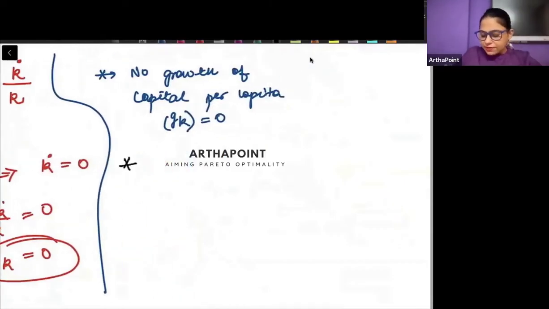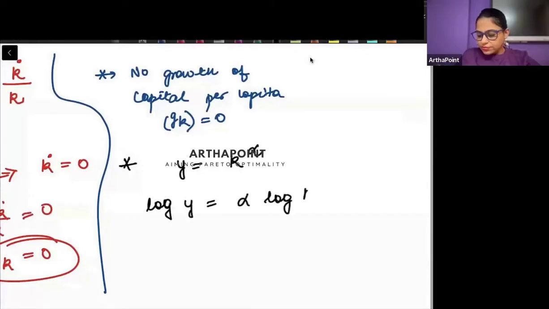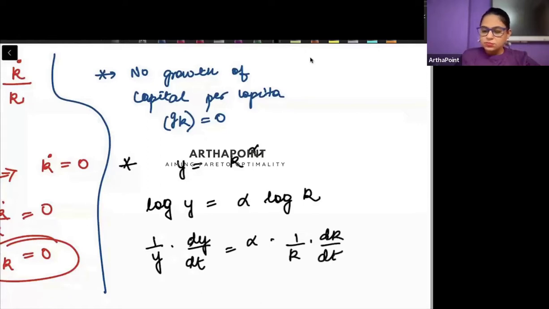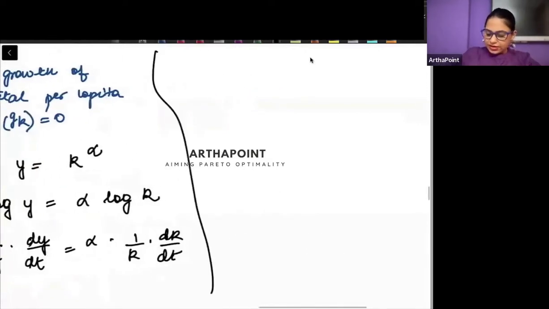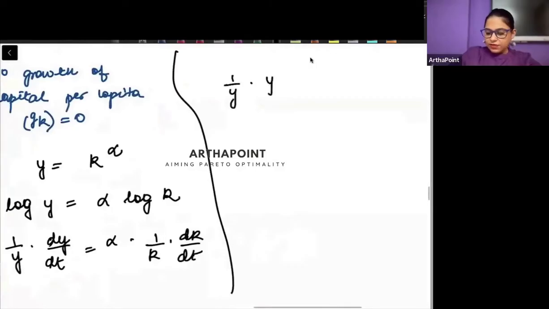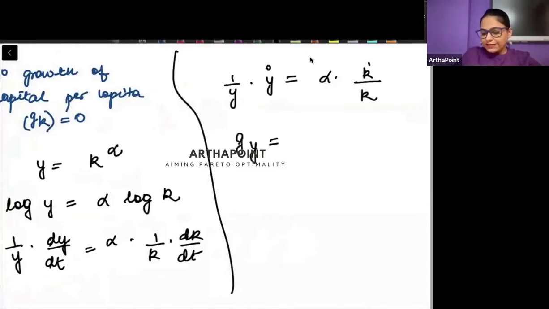Then understand that we know that small y was k to the power alpha. So can I take log on both sides? Log y will be alpha log k. If I differentiate with respect to time, I will get this. So I will get y dot by y is equal to alpha k dot by k. माने growth rate of y will be alpha times growth rate of small k.